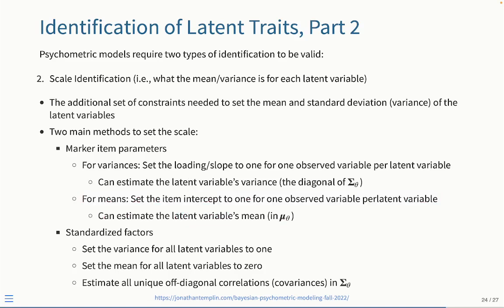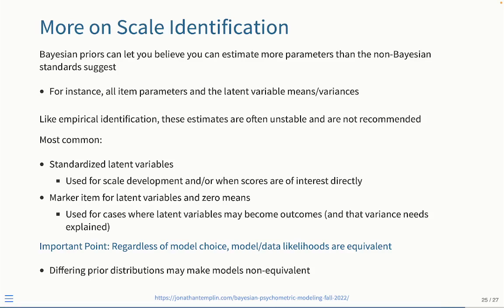But the big picture in either of these choices, marker items or standardized factors, is that they lead to the same data likelihood function. That is, the parameters that you receive with a given choice are transformations of each other that lead to the same likelihood value if you were to look at the most likely values of them. So this is telling us that it's a choice that we're making, but we're not necessarily changing the way the model works overall.